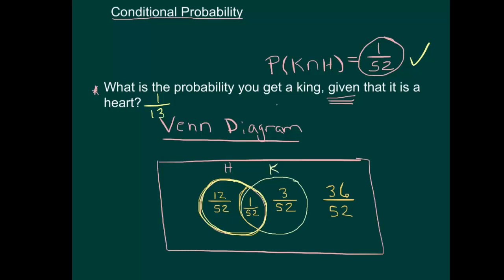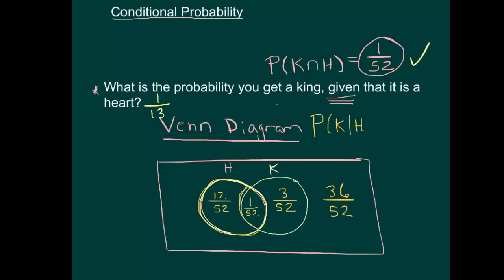But we often want a more mathematical approach that'll help us in situations that aren't as familiar. And so that's where this idea of conditional probability comes in. The probability of getting a king given that it's a heart, by the way, is often labeled like this: probability of king given heart.